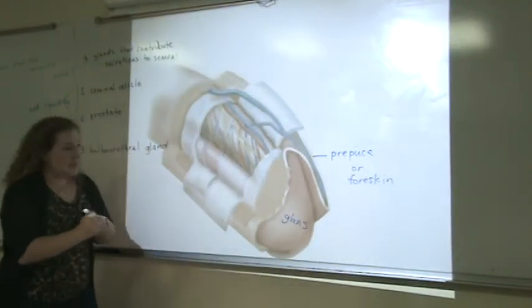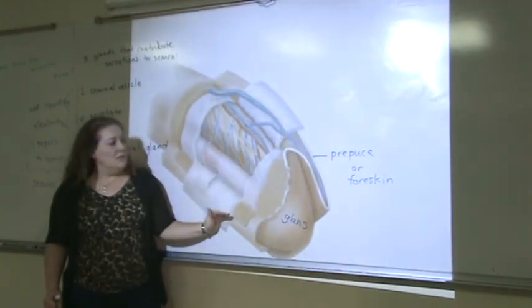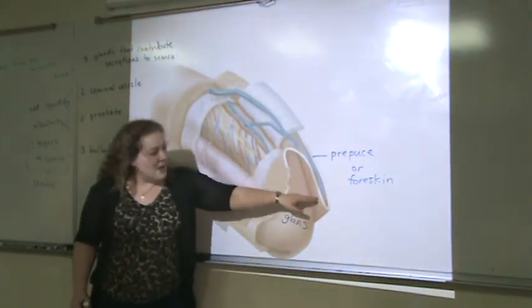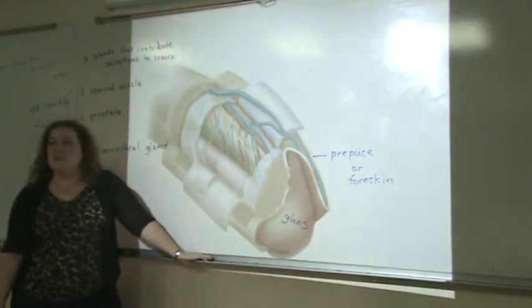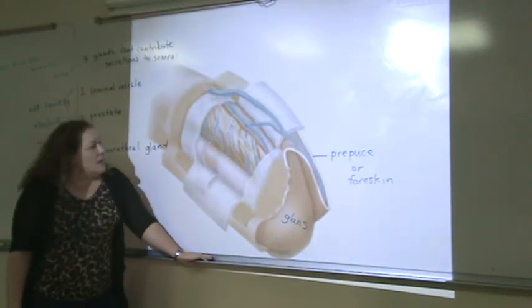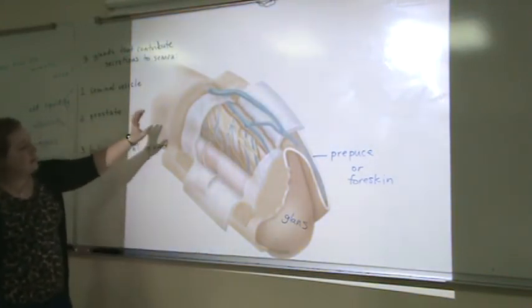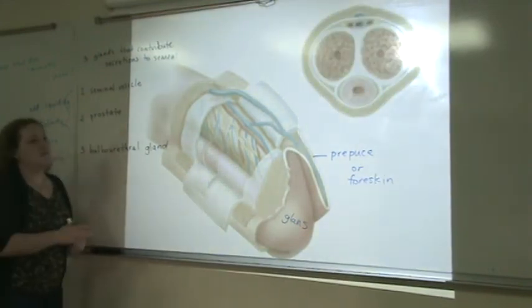Guys who have been circumcised have had the foreskin removed. Guys who have not still have it there. I think the lab models are not circumcised. Now that I think about it, let's see if I've got it. Yes, this is what I think.